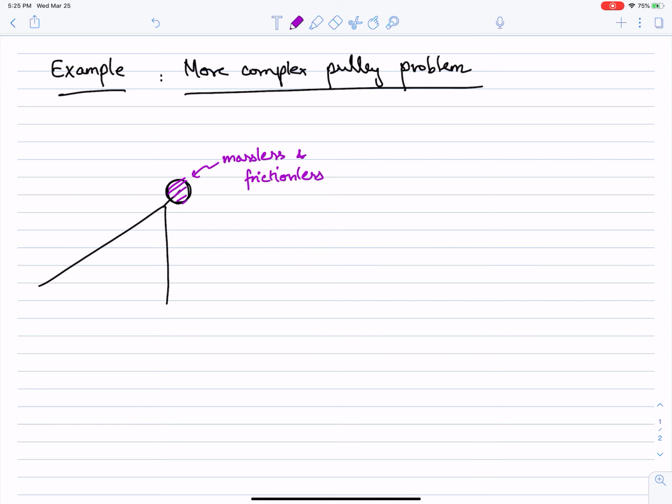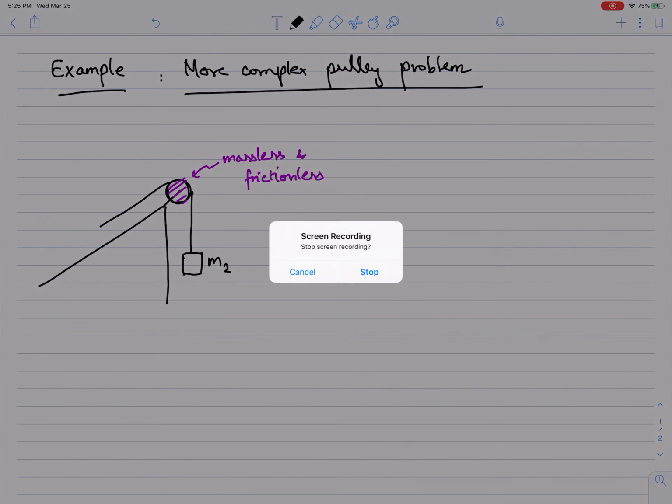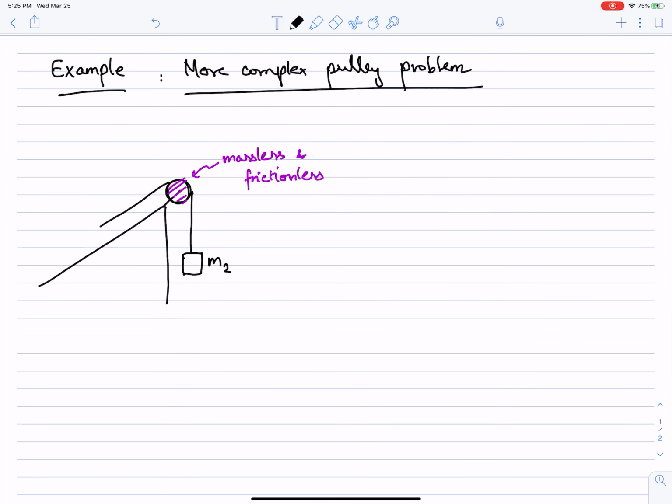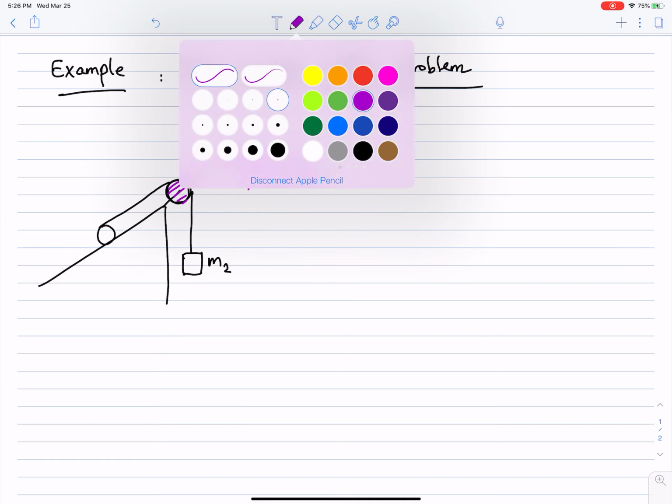Then we have a mass hanging off that pulley, mass M2, let's say, and we have this pulley attached to another disk, which rolls without slip here.